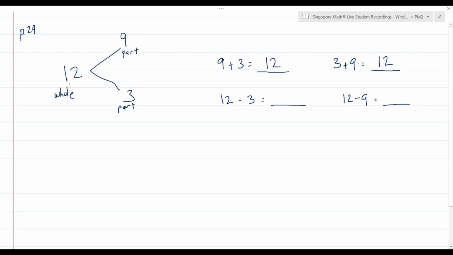If you take the whole thing 12 and you subtract the part that is 3, you'll have the other part left, that's 9. If you start with the whole thing 12 and you get rid of the part that is 9, you'll have the other part left, which is 3. That's all we have to understand to do exercise 8.